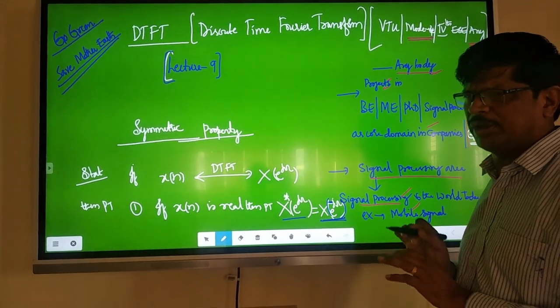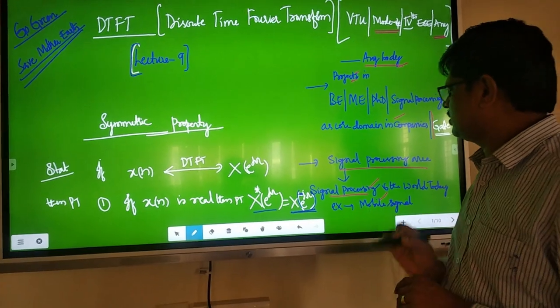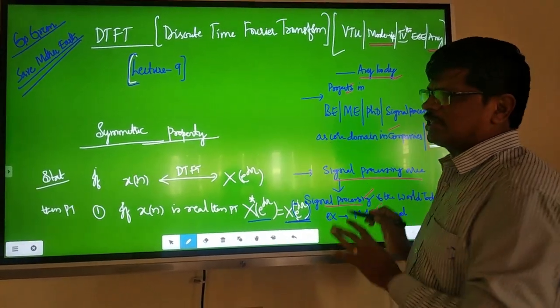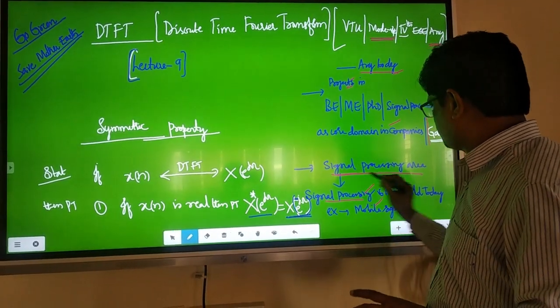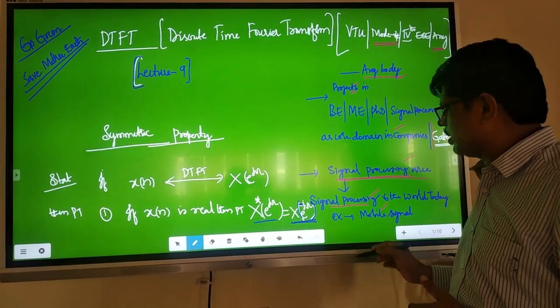Signal processing is a very common topic. You have to study it. You can go through all these signals and systems studies. Other than BE, whoever is interested in the signal processing area can refer to all these things.